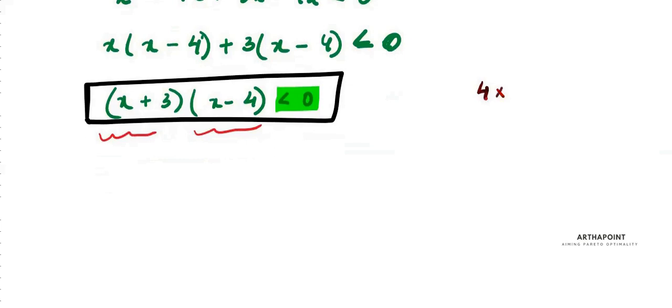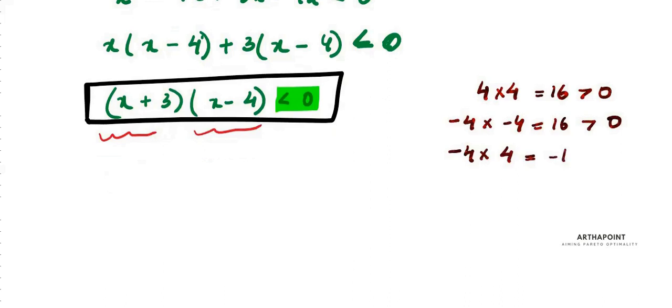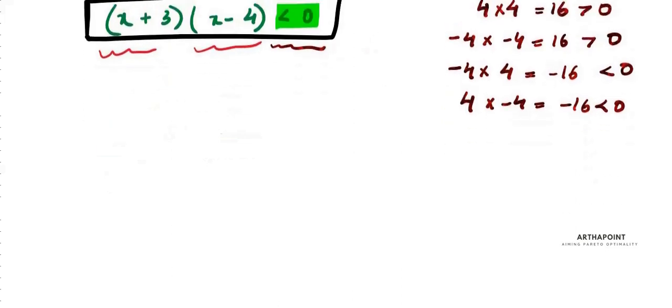See, if I do 4 into 4, this is 16, it's greater than 0. Minus 4 into minus 4, 16, greater than 0. Minus 4 into 4, minus 16, less than 0. 4 into minus 4, minus 16, less than 0. So for me to get less than 0, one of them should be negative and the other should be positive. So I want one of these conditions.